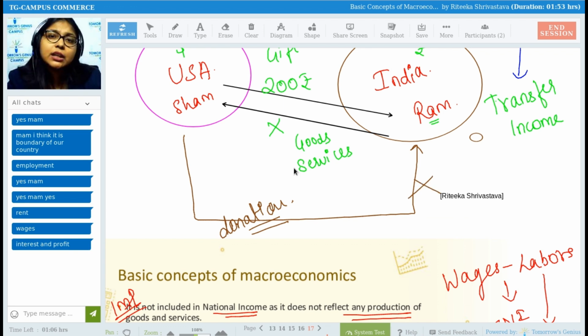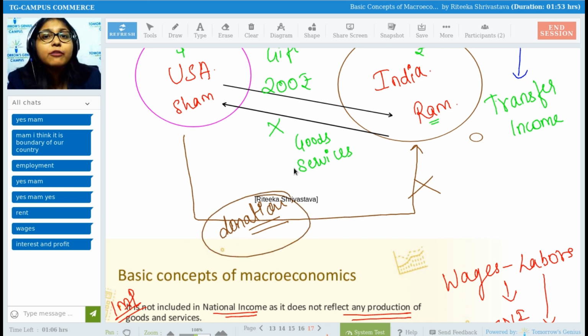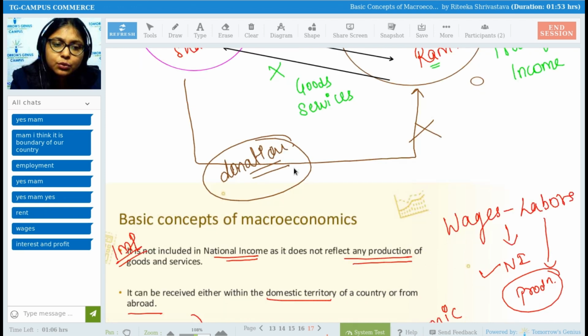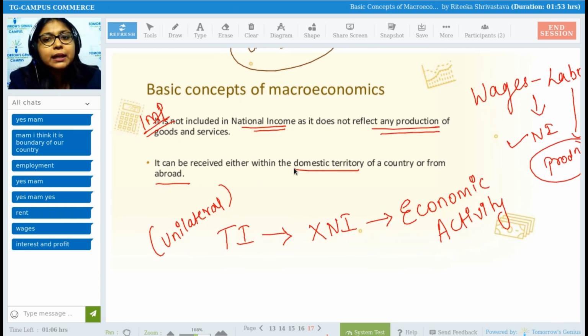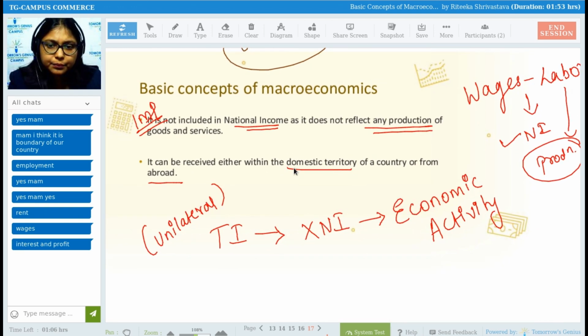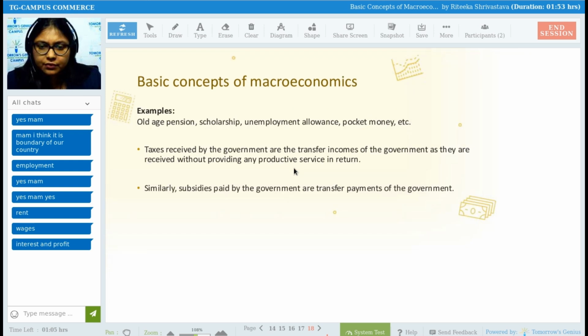India in return will give nothing to USA, no goods, no services, nothing. So this donation will also be part of transfer income, and this donation will also not be included while computing national income. Okay. So that is what we have seen. It can happen within the domestic territory. It can also take place with foreign countries.